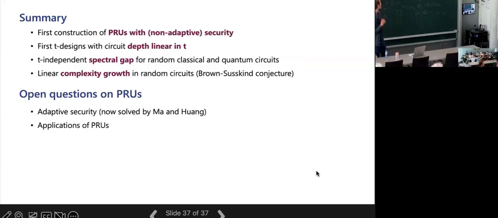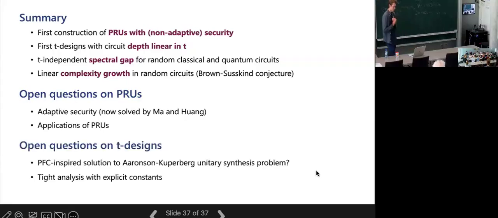Especially in quantum crypto, you would imagine that this gets you unclonable encryption, say. We don't know how to prove it. As far as I know, nobody else knows how to prove it. But now that we have them, this is the time to actually find crypto applications. On the T design side, the main one for me is the Aaronson-Kuperberg conjecture.